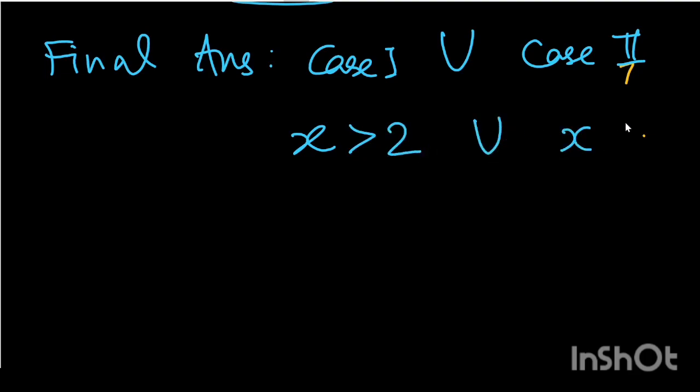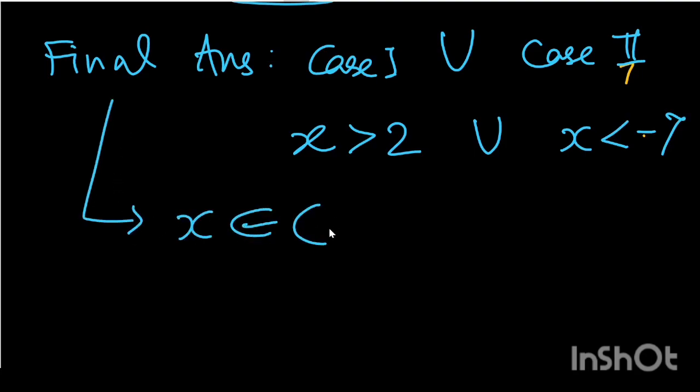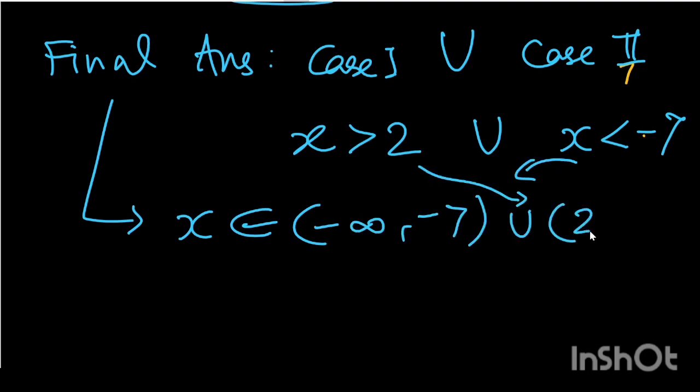Case 2 answer, x less than minus 7. So the final answer is x belongs to, I will write this first, minus infinity to minus 7, then followed by the answer here, union 2 to infinity.